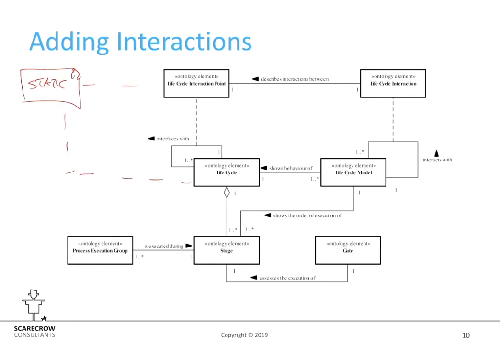That is saying, okay, this life cycle here interacts with this life cycle here, and these are the points at which there has to be an interaction where that interface has to take place.